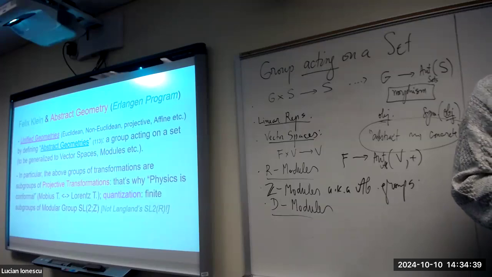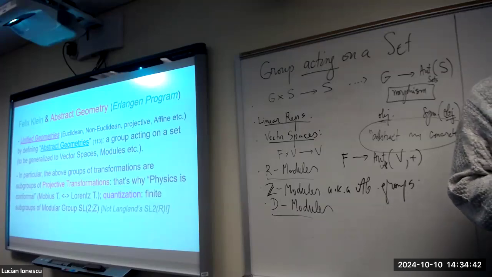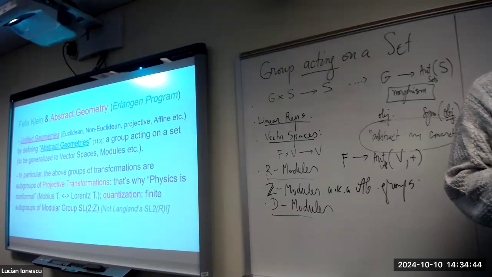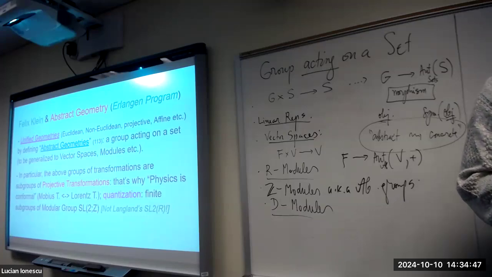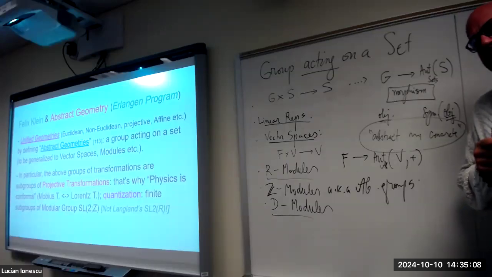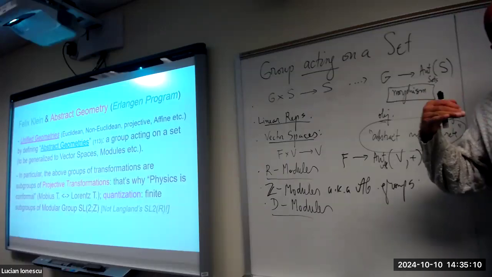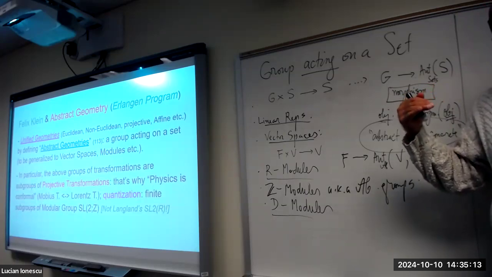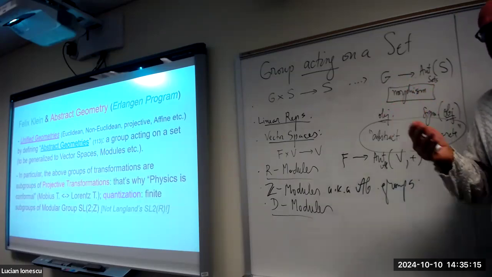And coming back to Felix Klein and abstract geometry, in particular, the above groups of transformations are subgroups of projective transformations. And then I'll just coin something, let's say, quite deep. That's why physics is conformal. We all have heard about Maxwell equations and electromagnetism as being a conformal theory, which means preserving angles.